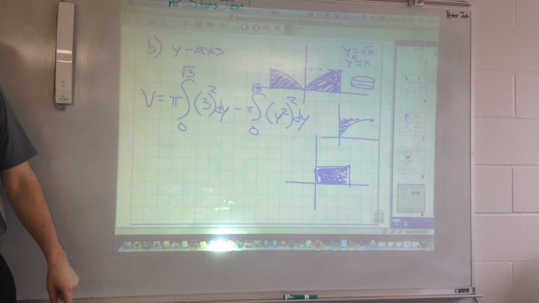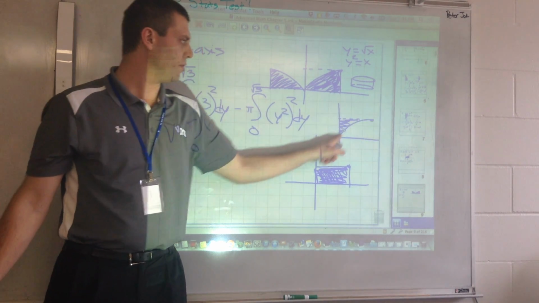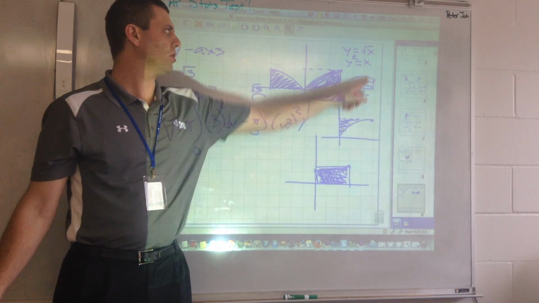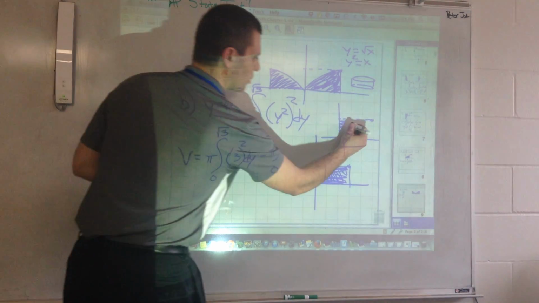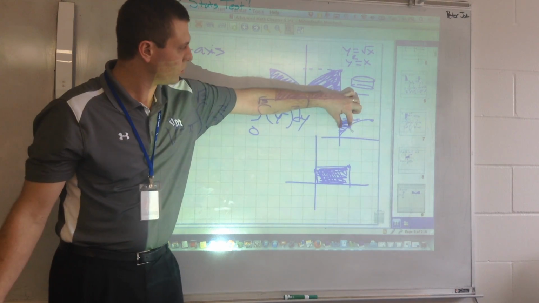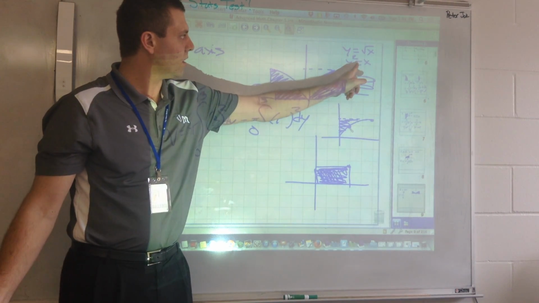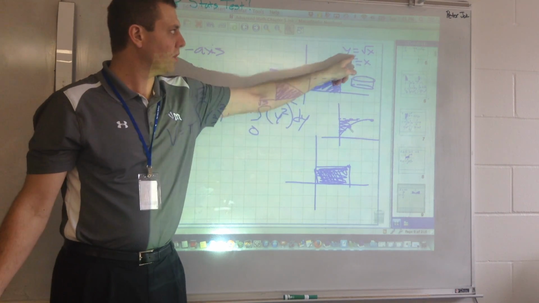Because the y values here are equal to the square root of x, so the x values are equal to y squared. For instance, I'll use this coordinate. Well, it's maybe not good because they're both 1s. But the radius is 1 because if my x value is 1, my 1 squared would be 1.